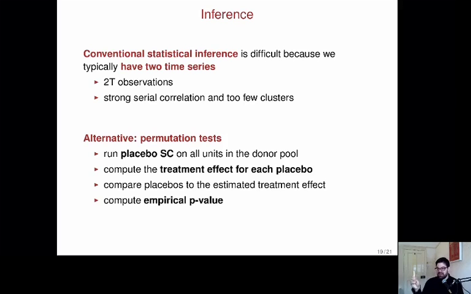So we say, okay, now Catalonia is treated in 1975 and thereafter, and then let the algorithm choose an appropriate counterfactual for Catalonia, and calculate what the treatment effect would be.